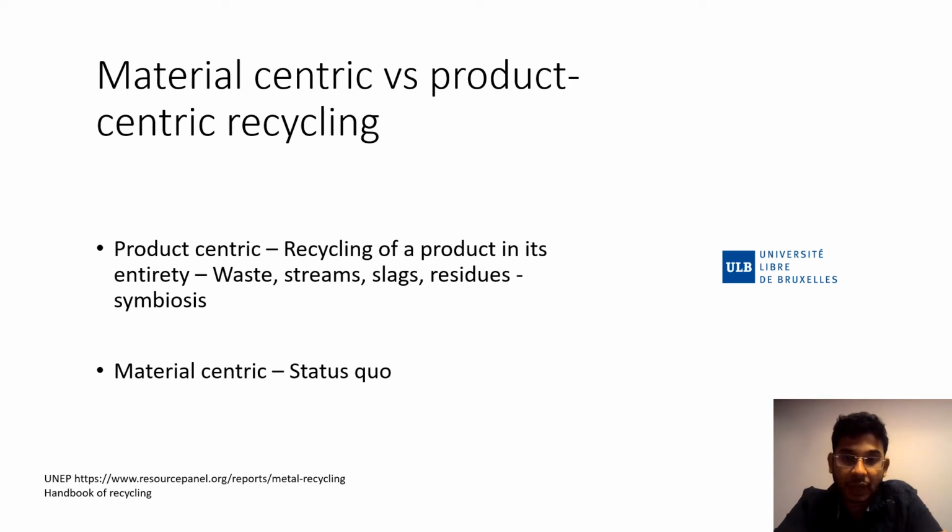But the advocacy on recycling is to move away from this status quo of material-centric recycling that is focusing on iron, aluminum, and X or Y metal, but to go towards product-centric recycling schemes. That is, to consider recycling of a product in its entirety.